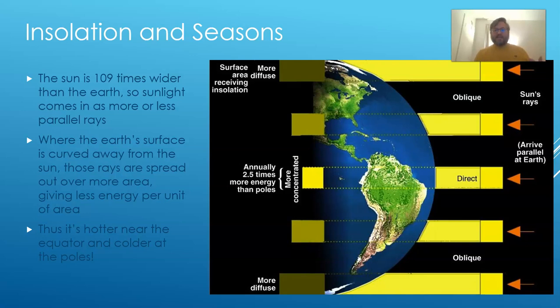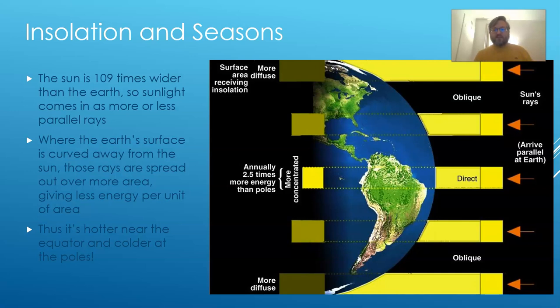And so what that means is that a ray of sunlight hitting the equator, hitting in the middle there, is coming down pretty much perpendicular, pretty much straight from above. And so it's going to be fairly concentrated when it hits the ground. So it's going to deliver a lot of energy per unit of area. So per, say, square meter, you got that light coming straight down, and so it's going to deliver a lot of energy to that square meter.